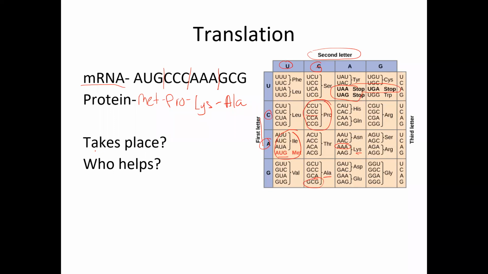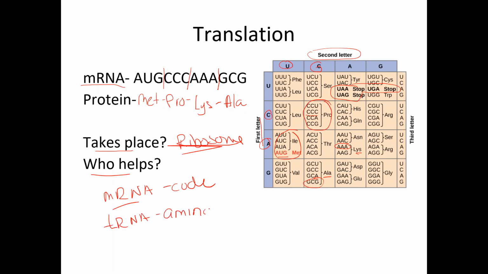So again, where does this take place? It takes place at the ribosome. So the ribosome is a critical component to this process. Who helps out the ribosome? Well, we need that messenger RNA because it's carrying the code. We cannot do this without it. We also need that transfer RNA that's going to bring the amino acid.